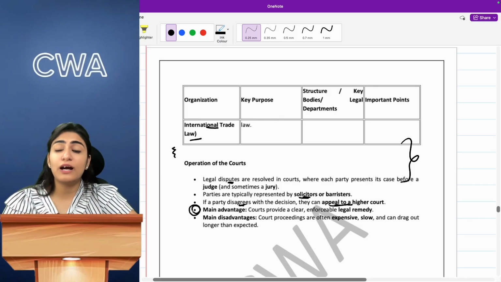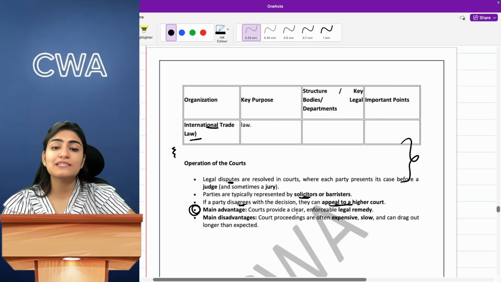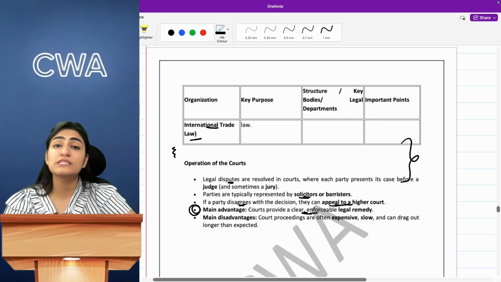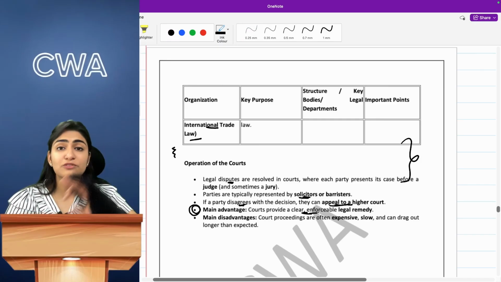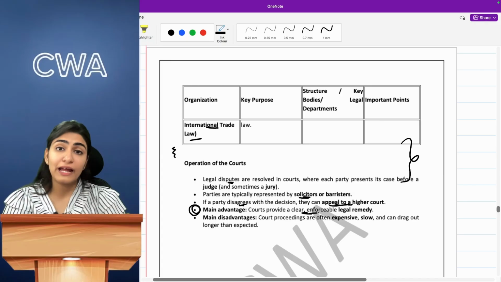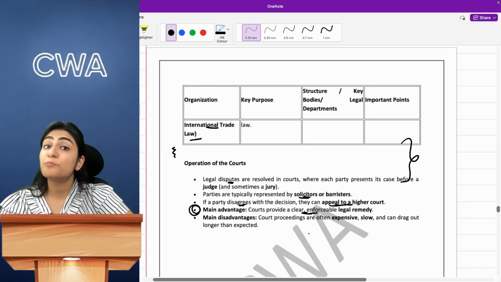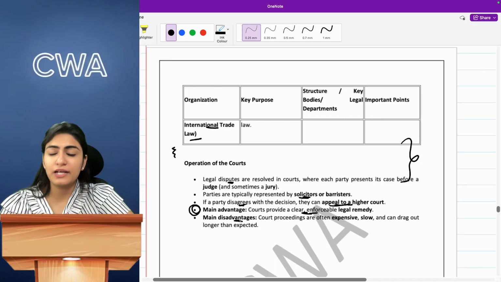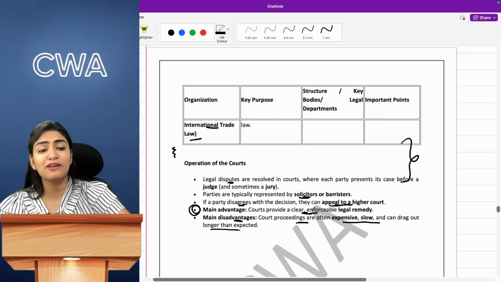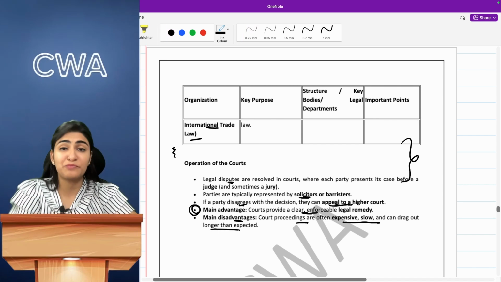The main advantage of going to court is that courts provide clear, enforceable, and legal remedies. They look into legal aspects and give you a legal remedy. But the major disadvantage is that court proceedings are often expensive, slow, and drag longer than expected.